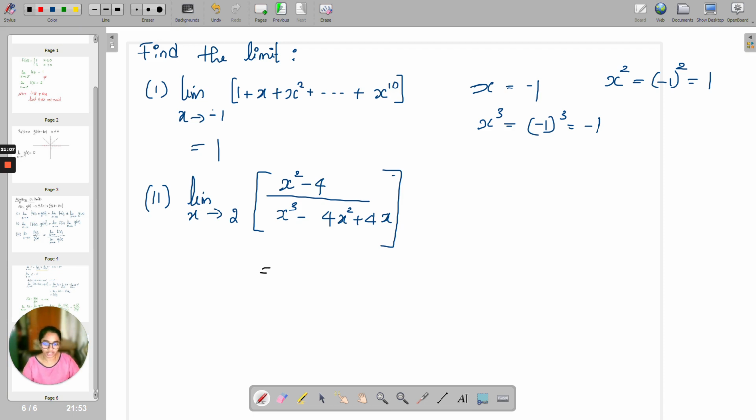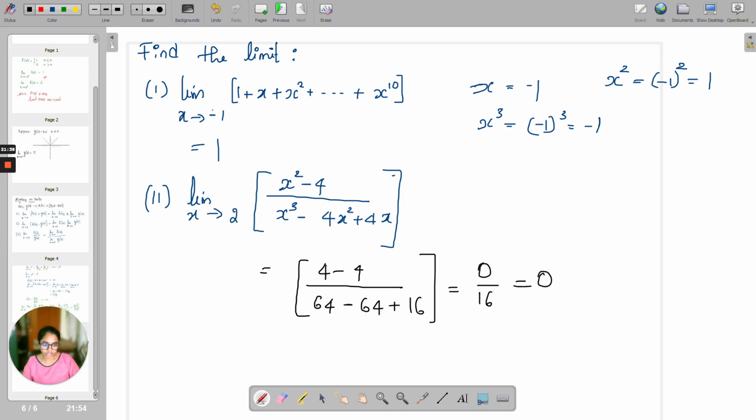I would get 4 minus 4, which is 0, and in the denominator 64 minus 64 plus 16. So is this 0 divided by 16? What would you get? You would get 0 itself, right?